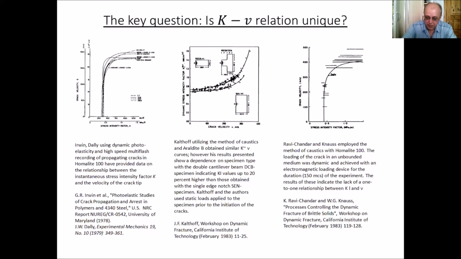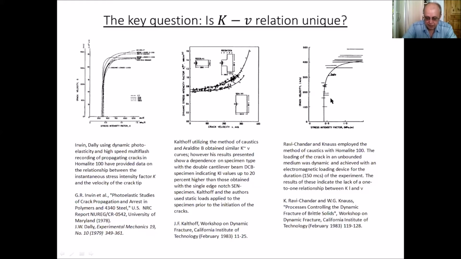utilized large plates to imitate the unbounded medium, so that the problem was typically dynamic, and they just got straight lines here. Just to compare, this is denoted the same curve from the left side, but actually they just observed these straight lines.